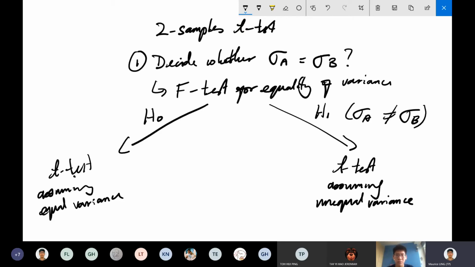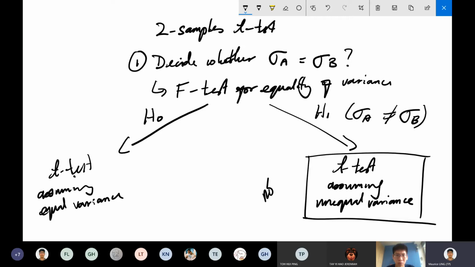All right. So in Excel, there are actually two different methods. You can do your F-test using Excel as well. But in the tutorial question or in the physical calculation, t-test assuming unequal variance is actually not in your syllabus.